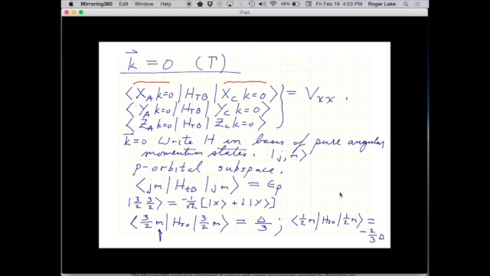A 3/2, 1/2 will only couple to a 3/2, 1/2 on the A to the B atom. Is that easy to show? The higher level concept is that this coupling between atoms conserves total angular momentum. That's sort of the overarching concept. And that's why you only get these off-diagonal matrix elements between a 3/2 state and the same 3/2 state on the B atom.